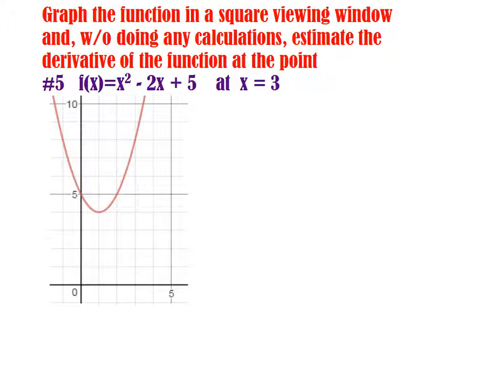At x equals 3, that's going to be right here, it looks like. That's my x equals 3 point. This is going to be a pretty steep tangent line if I'm riding along the side of this parabola here. There's my tangent line. It's pretty steep.